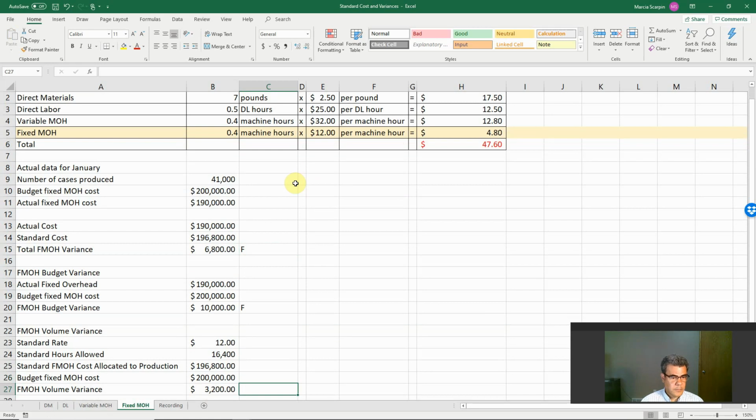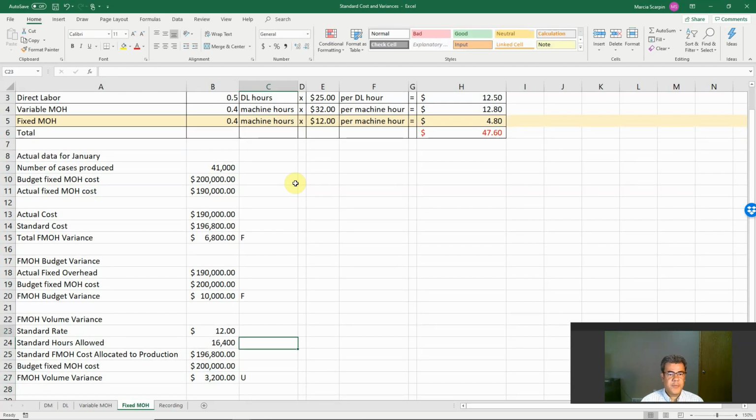Here is the opposite. If our budget overhead cost is greater than our standard, then it is unfavorable. Otherwise, favorable. It is in the opposite order here. So, okay, 6,800 favorable.